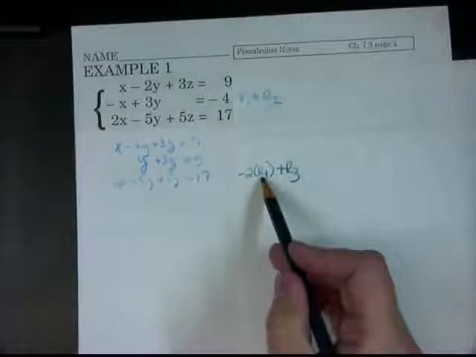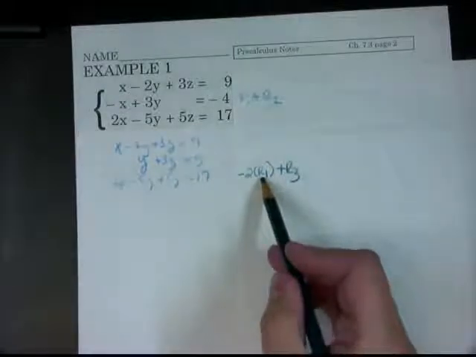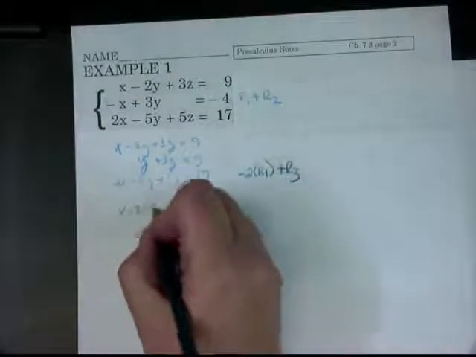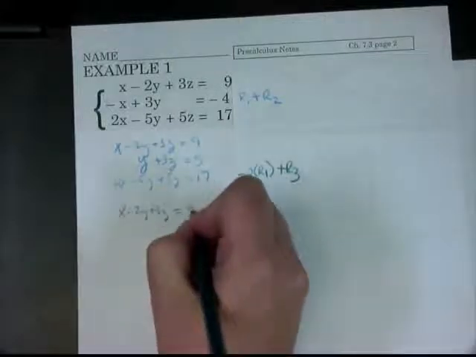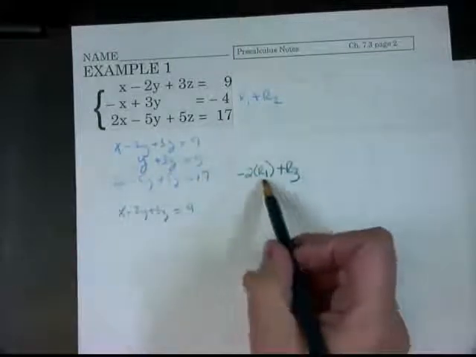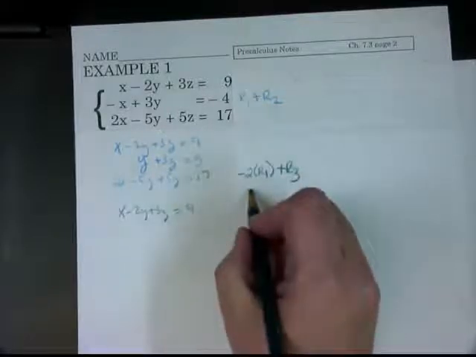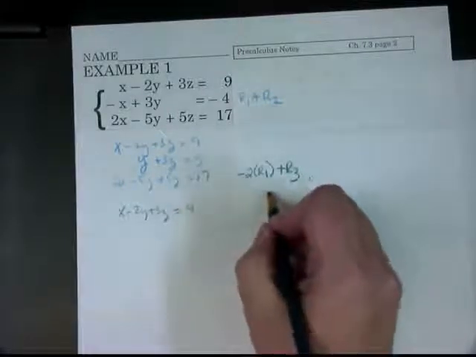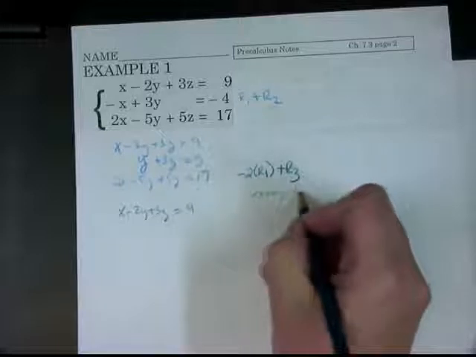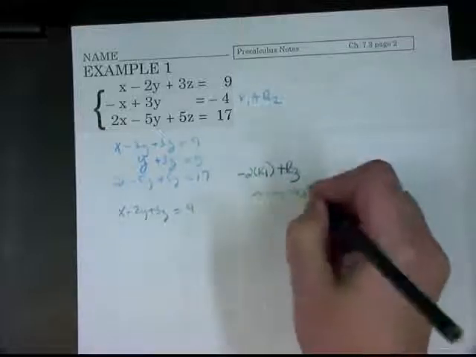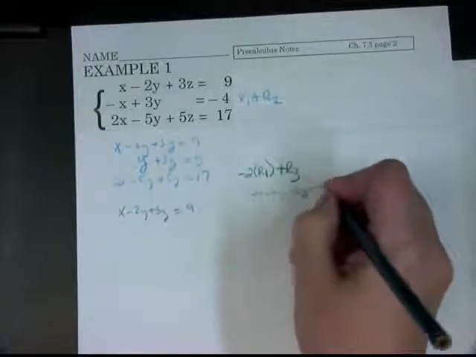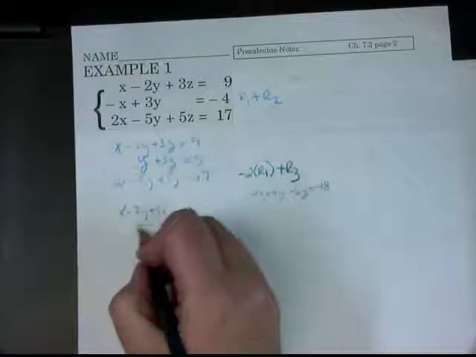Row 1 is first, so that's the one I'm not touching. I leave it alone. But I'm multiplying negative 2 to it so I can add it to row 3. So negative 2 to row 1 is negative 2x plus 4y minus 6z equals negative 18. Row 2 I didn't touch.